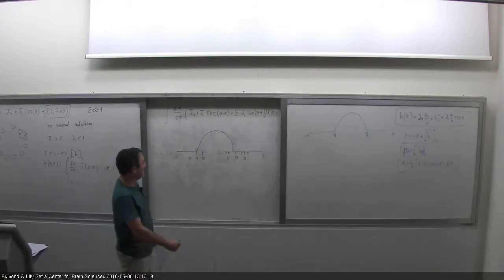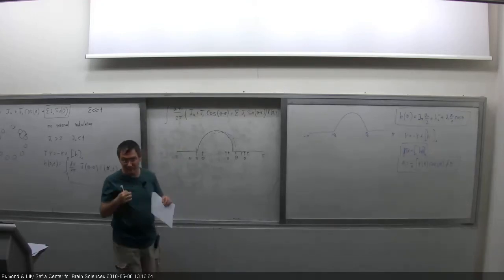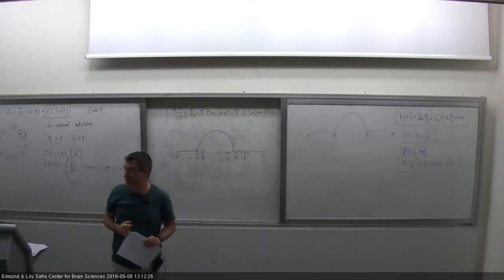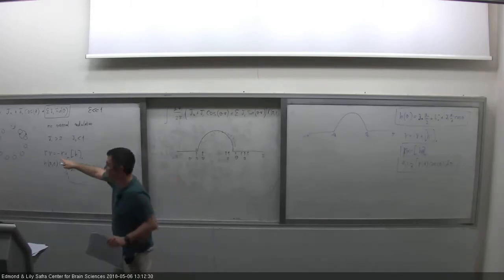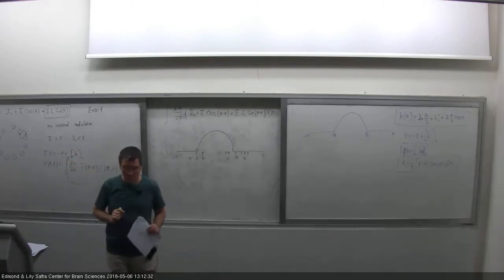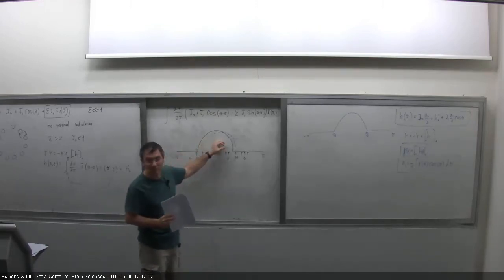The time it takes the bump to converge to its shape is determined by tau. The time it takes the bump to move will be determined by epsilon.